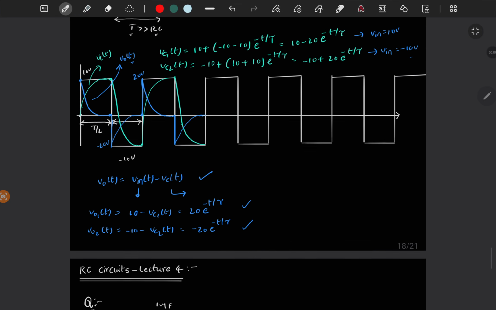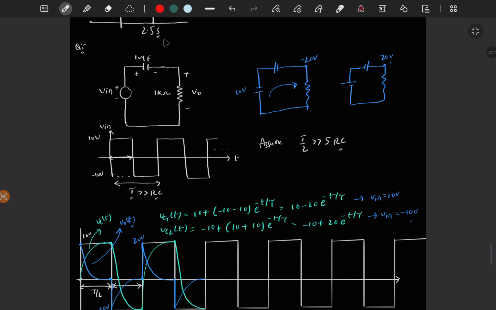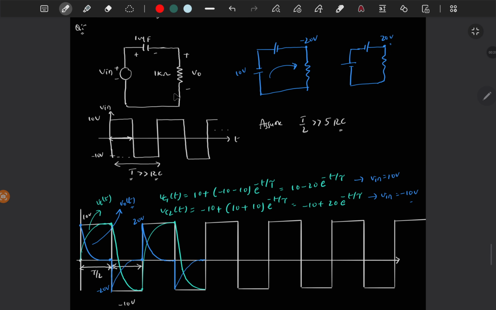So in the previous lecture we discussed an RC circuit with a square wave input. In this square wave input we are assuming the frequency is very low. So we are applying a very low frequency square wave input. Low in the sense that we are giving enough time for the circuit to reach steady state at any point of the DC value.